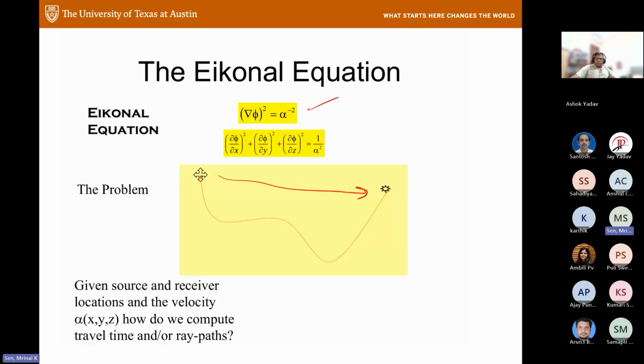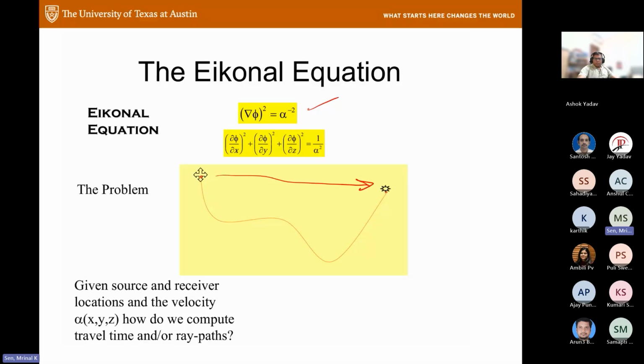What would be your answer? Because so many paths are possible connecting source to the receiver, right? So, this comes from Fermat's principle, that the path for which the travel time is stationary or minimum gives you your solution to the ray.